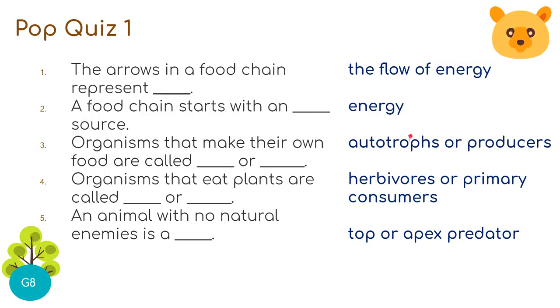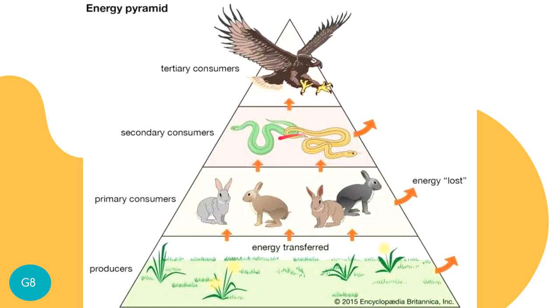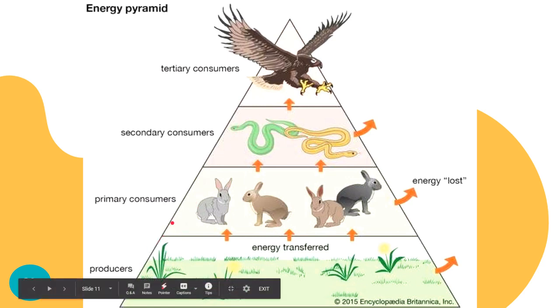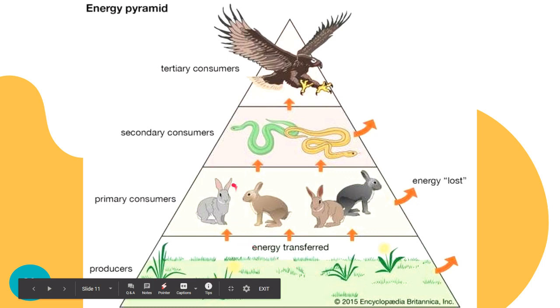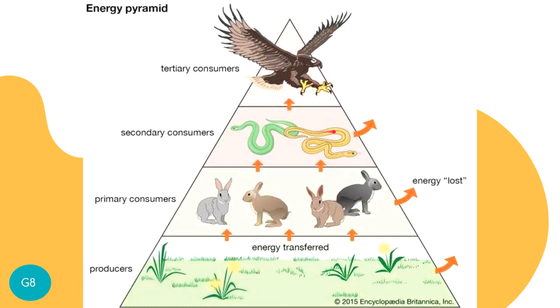Trophic level, your snakes. So as you can see here, if this is the primary consumers, the next level is even smaller. It means that they should have fewer secondary consumers. So from thousands of grasses up to 4 rabbits, now into 2 snakes.